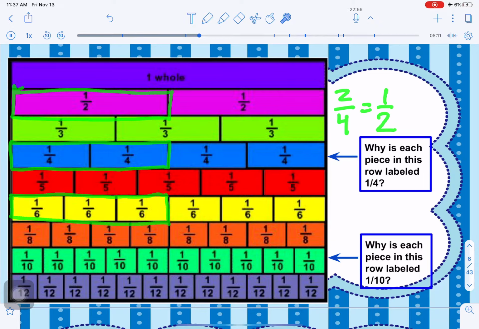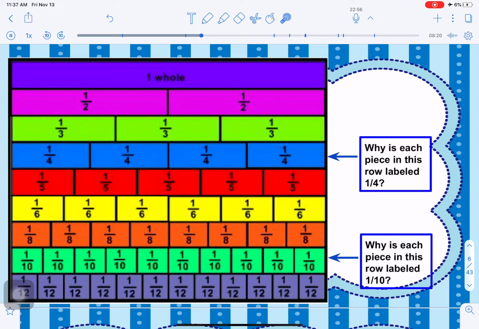Okay? So now thinking about the second question, if we understand why that row is labeled 1/4, I think we would understand that the same applies for this row. We would say that you need 10/10, 10 of those pieces to complete a whole, so each one is worth 1/10.